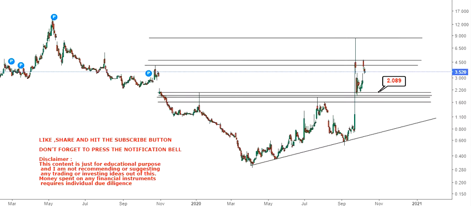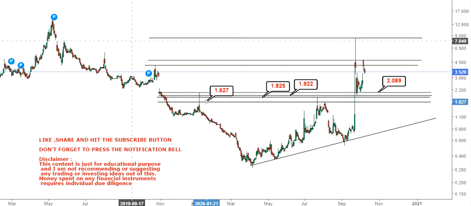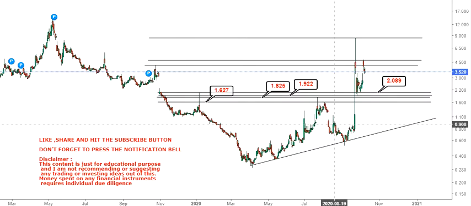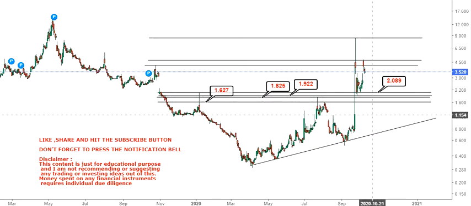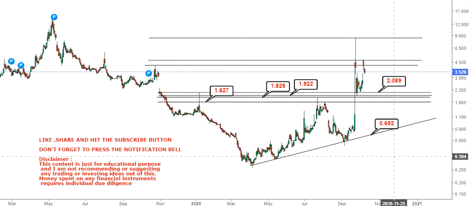So on the downside you have $2, 2.0, then 1.9, then 1.8, and probably 1.6. These are your important support levels. If it falls below 1.6, obviously you will see a point at 0.69.